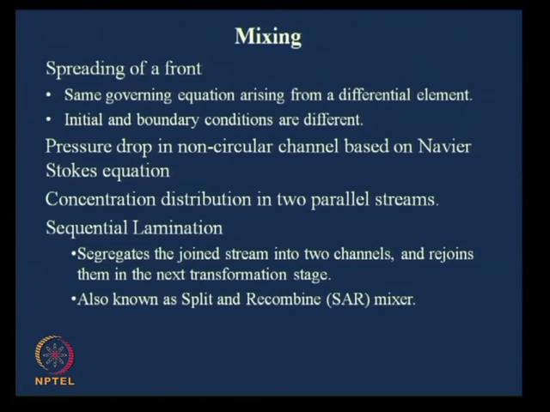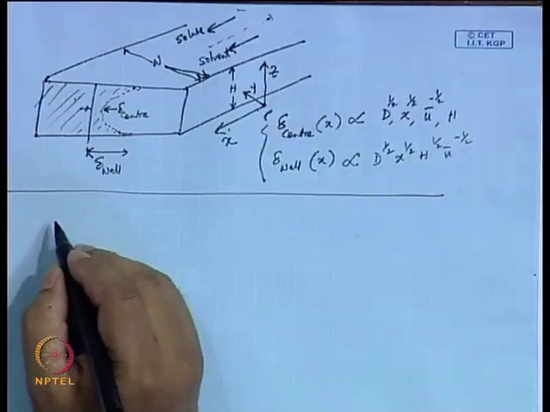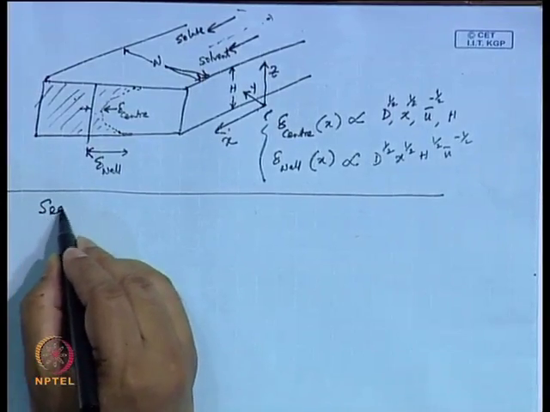In the microchannel our objective would be to split the stream and again recombine, but if the two streams happen to be flowing side by side, these are some of the aspects that you have to keep at the back of your mind. Okay.